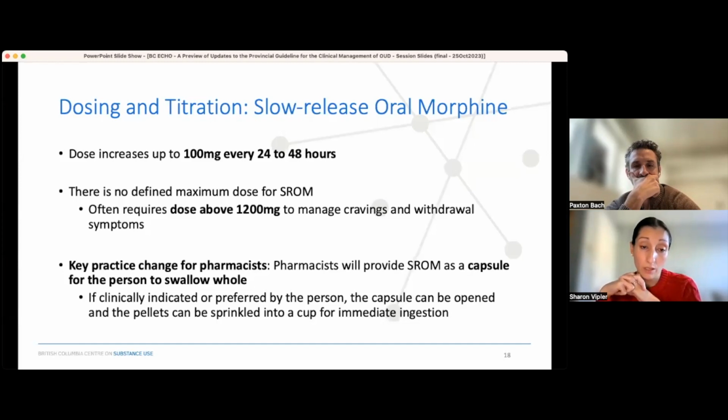Important to note that doses above 1,200 milligrams are often required to manage cravings and withdrawal symptoms. There is a practice change for pharmacists in that the need for opening and sprinkling is no longer required, and that it can be provided as a capsule for the patient to take whole.